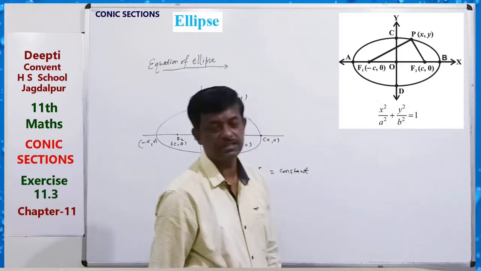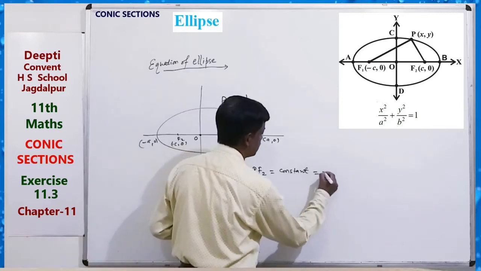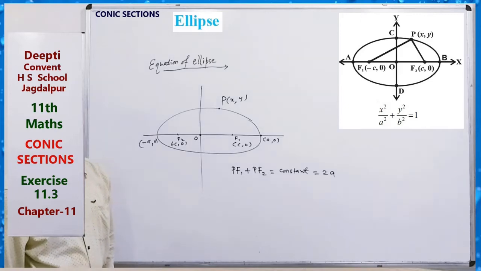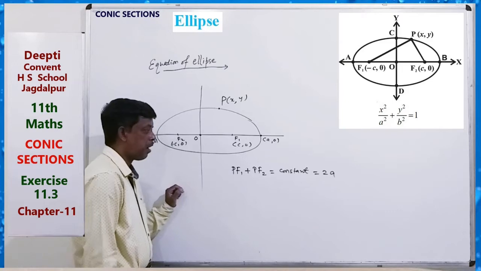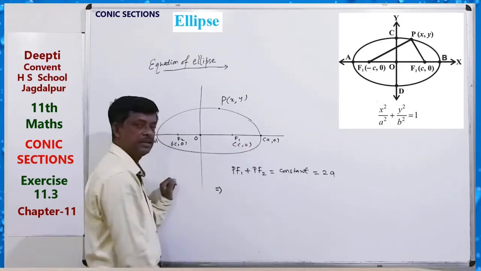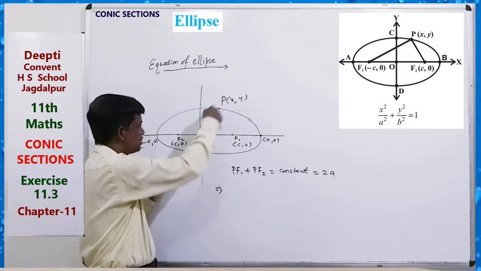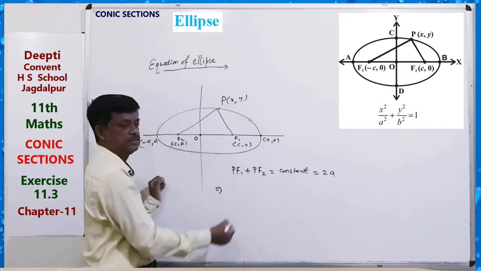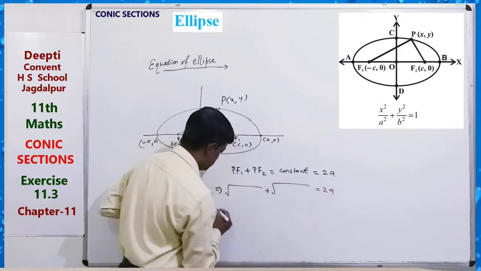And suppose this distance is always equal to 2a. Clear? Like this. Then we can solve it because the coordinates are c, 0 and minus c, 0, and the point is x, y. So the distance between these two points, this plus this, equals 2a. Just you can solve it.